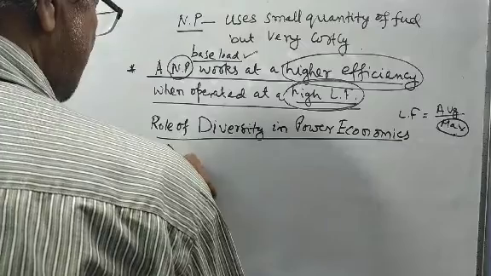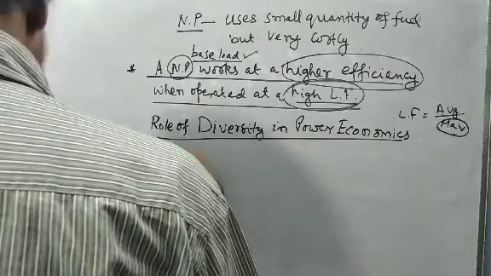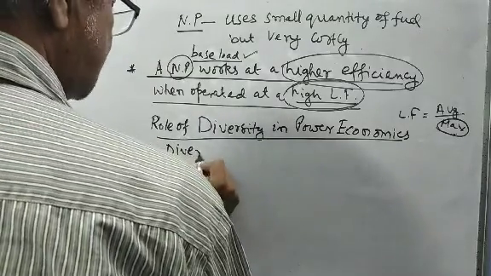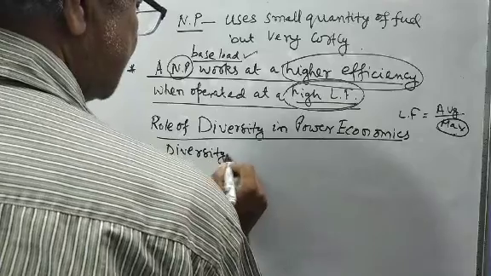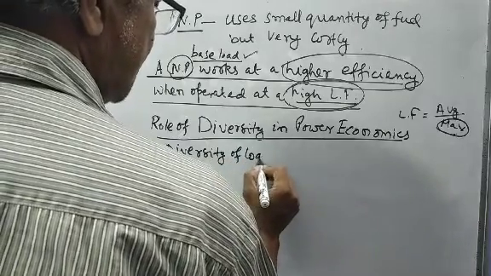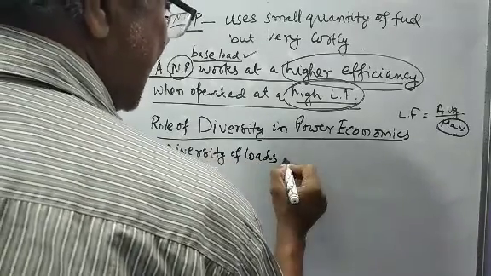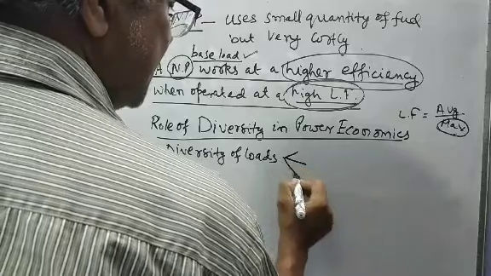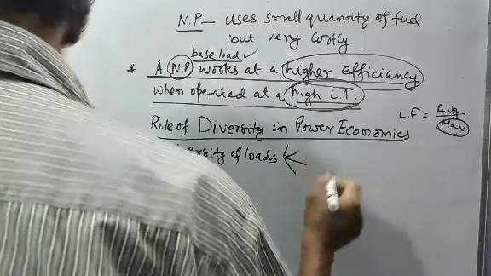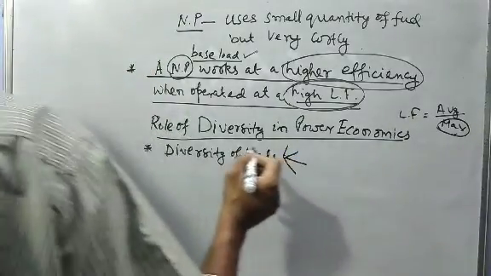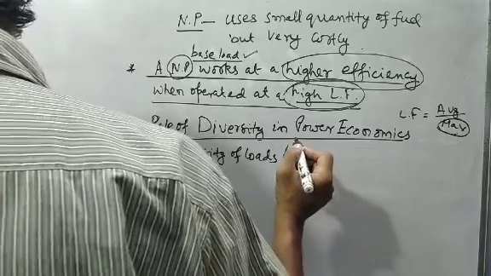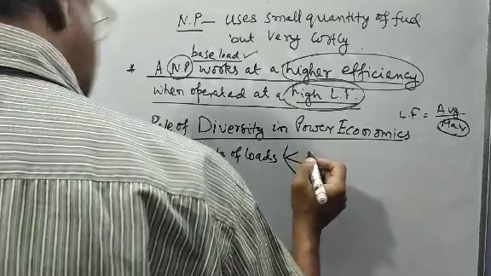Obviously, if there is diversity of loads, that means power can be sent from one place to another. So there is a reduction.